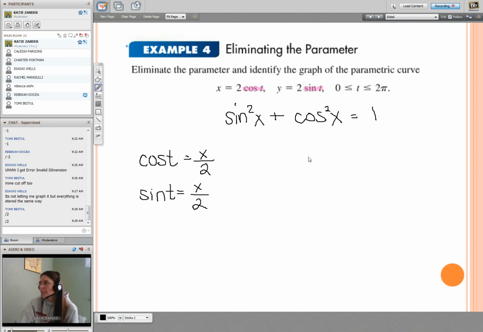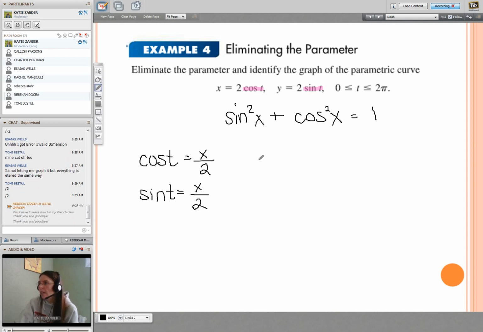Now, this is a little bit different method than what the book did, but it's still going to result in the same answer. So the sine x, sine x should be my y, I think. Sorry, that should be a y, not an x there. Got a little bit sloppy.